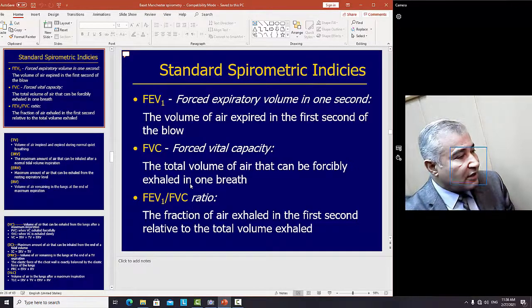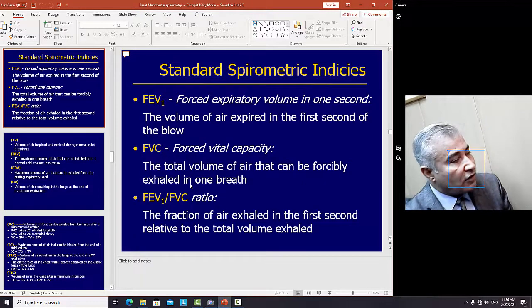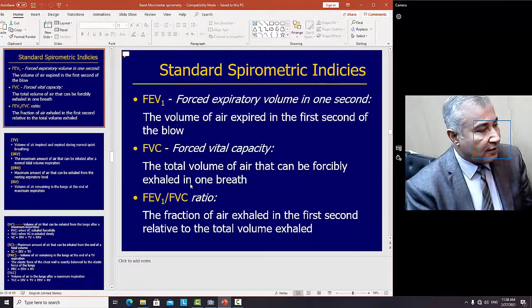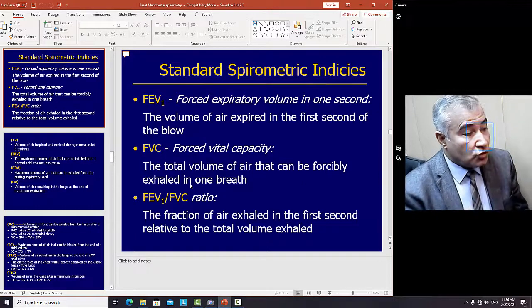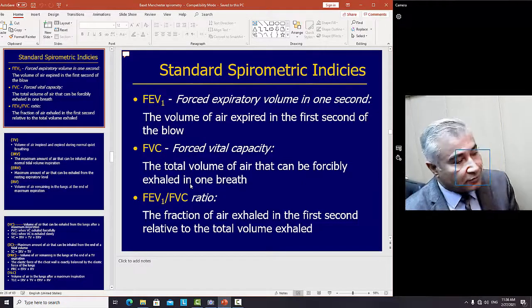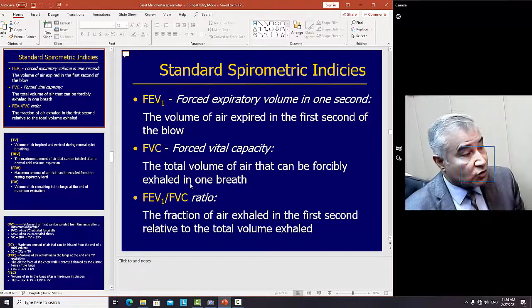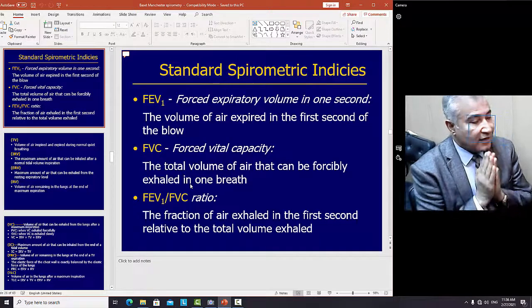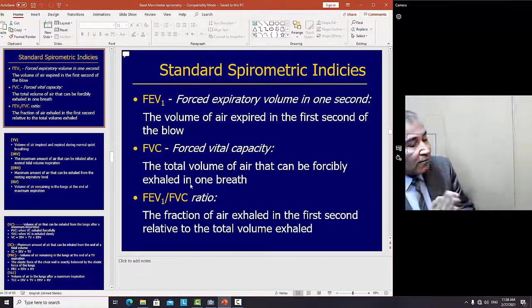The forced vital capacity is the total volume of air that can be forcibly exhaled in one breath. And the ratio is FEV1 divided by forced vital capacity.